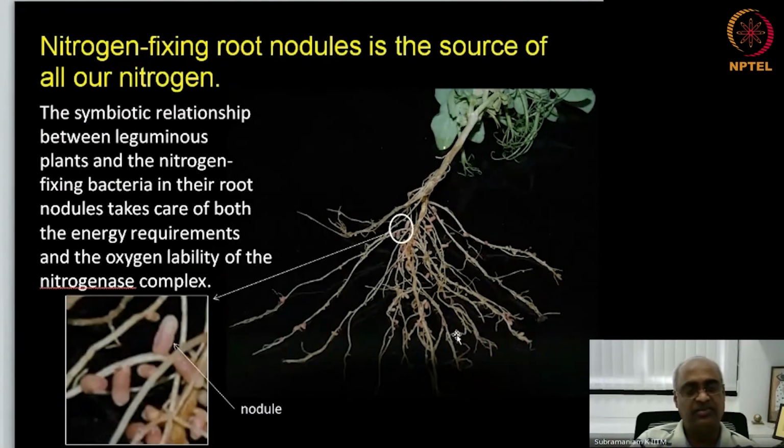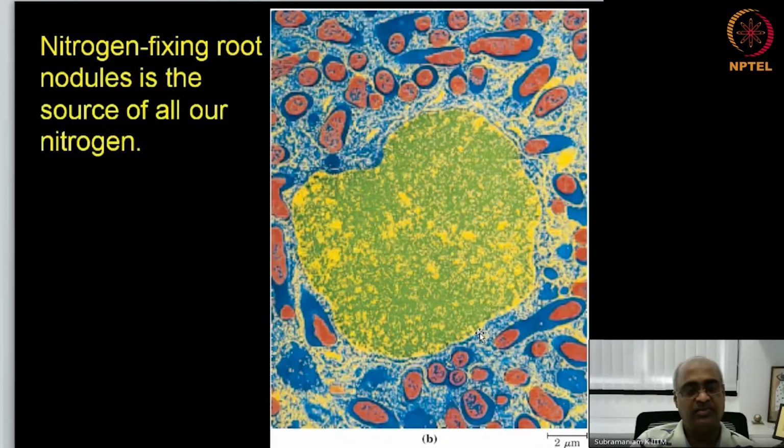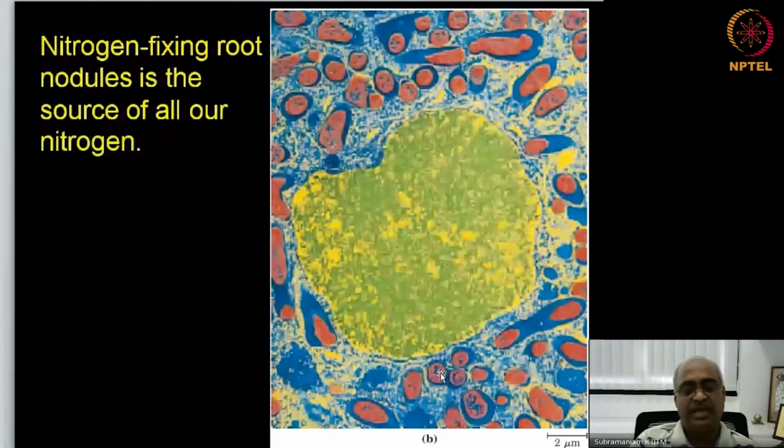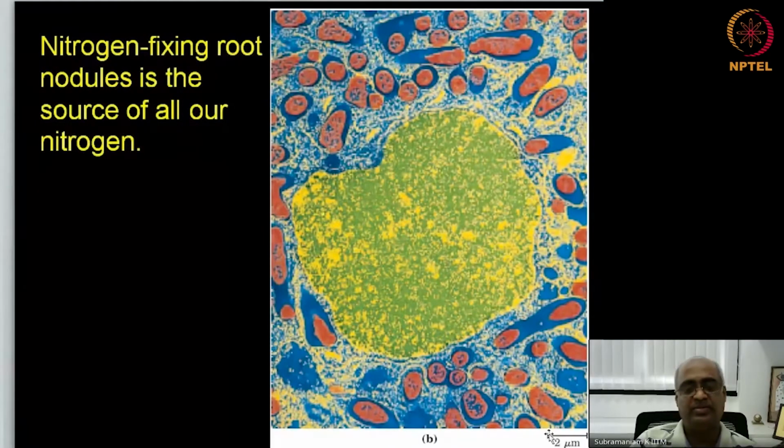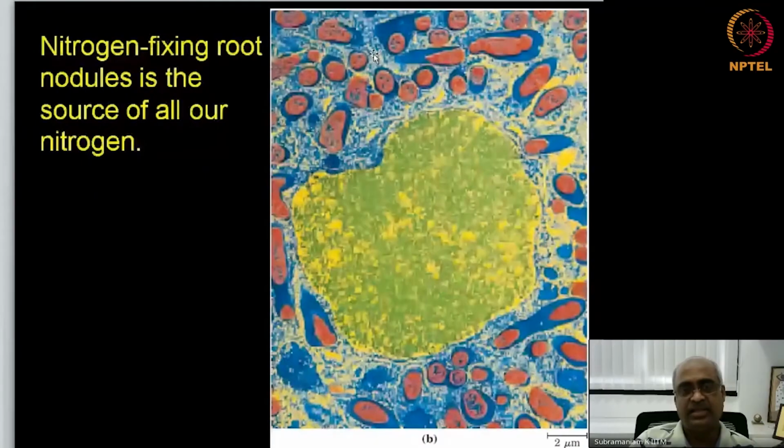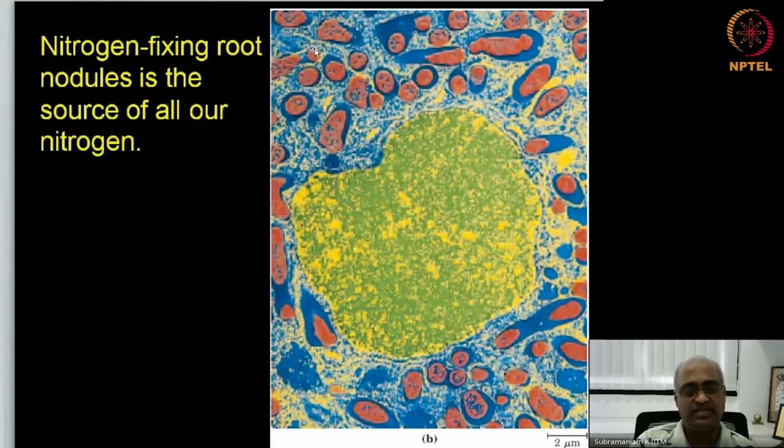If you cut this and use a light microscope and look at a very close structure, like 2 micron is the scale bar here, this is the large nucleus of that cell, and in its cytoplasm you have a lot of red structures. These are those rhizobium bacteria. Okay, so they are surrounded by a bacterial protective outer cover, and so that's the blue colored structure.